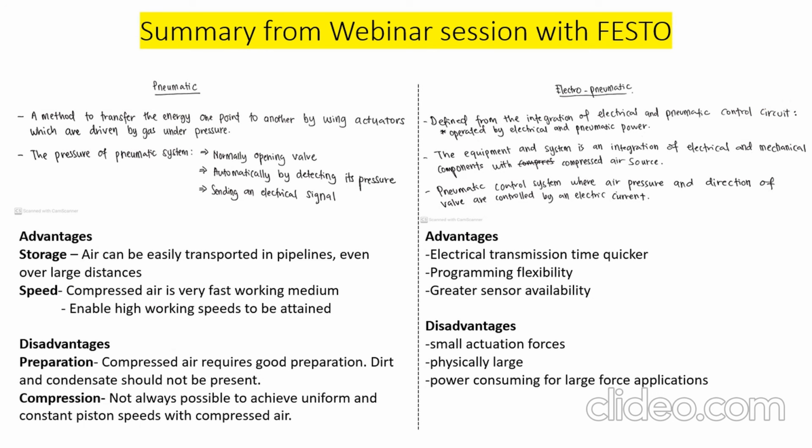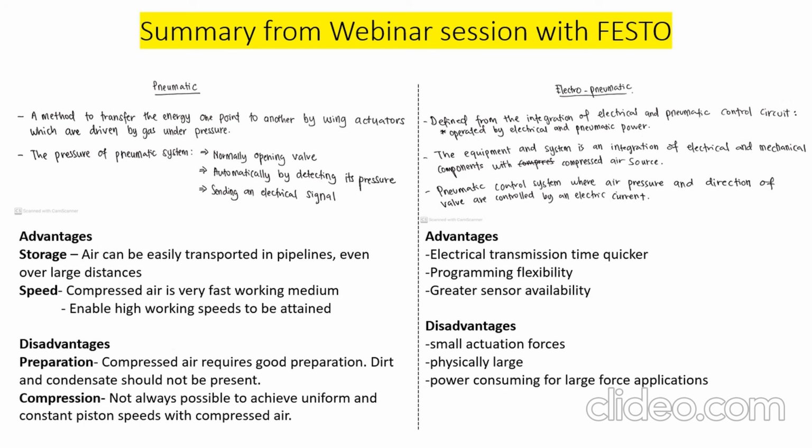It is a method to transfer energy from one point to another by using actuators, which are driven by gas under pressure. The pressure of a pneumatic system is normally opening the valve automatically by detecting its pressure and sending an electrical signal.